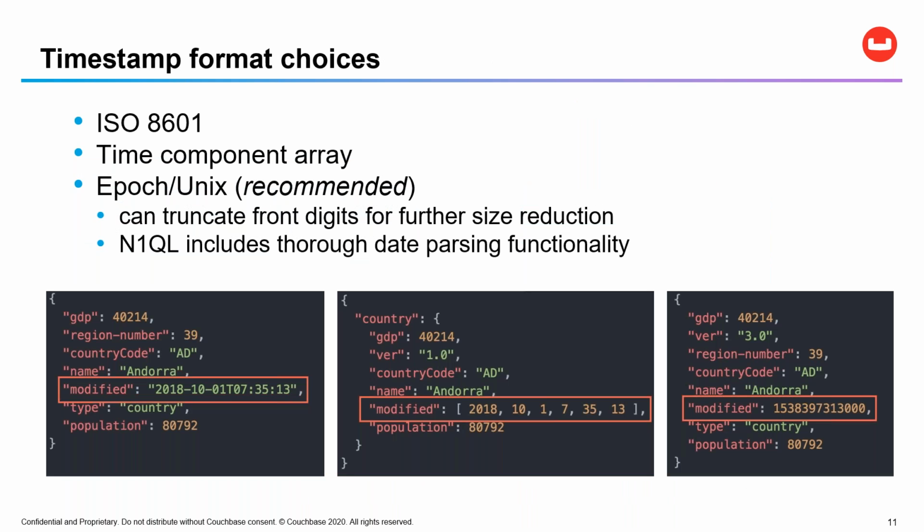Another thing that is different is that generally timestamps are either a string, array, or number. Conversion is handled at the query level, so we recommend using epoch, the number style, or Unix time.